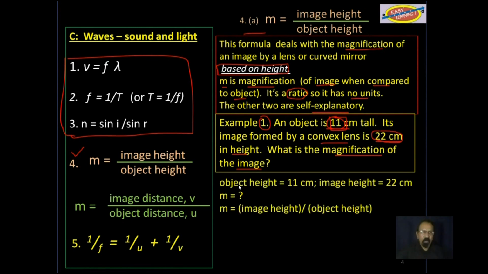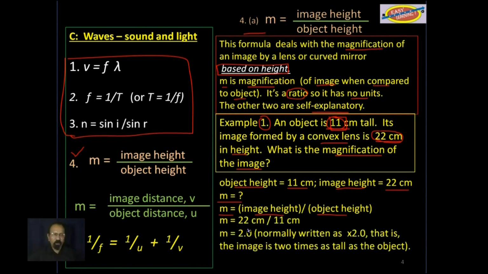We write object height, 11 centimeters, image height, 22 centimeters, magnification. We know that magnification is equal to image height divided by object height. And so we divide 22 centimeters by 11 centimeters, and we get 2.0. Correct to two significant figures.